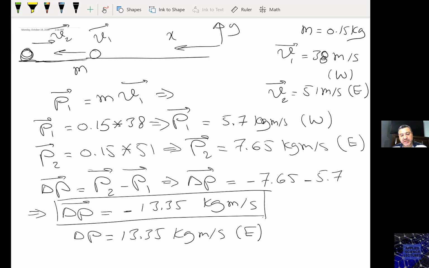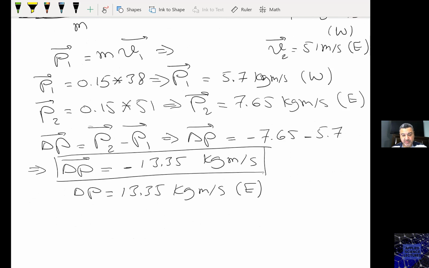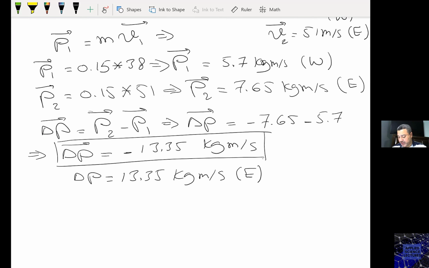If the baseball is in contact with the bat for 1 millisecond, what average force does the bat exert on the ball, assuming frictionless?